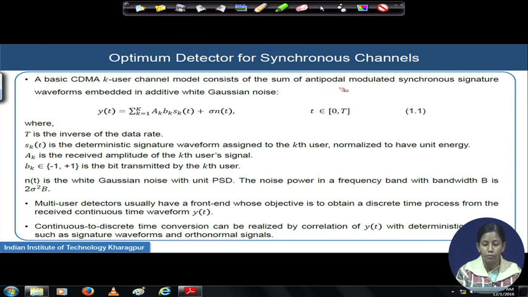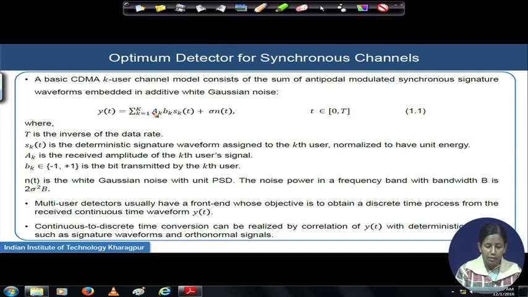So, it is an antipodal modulation going on. Either you are transmitting +1 or -1, only two-level signaling, and A_k is the received amplitude of the kth user at the receiver terminal.